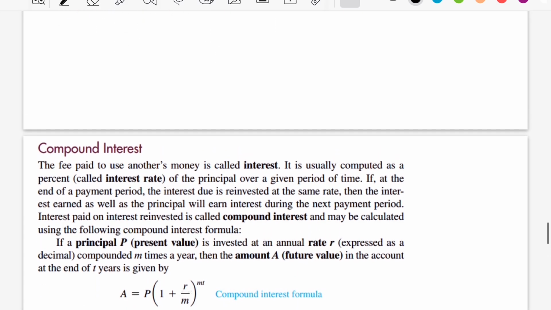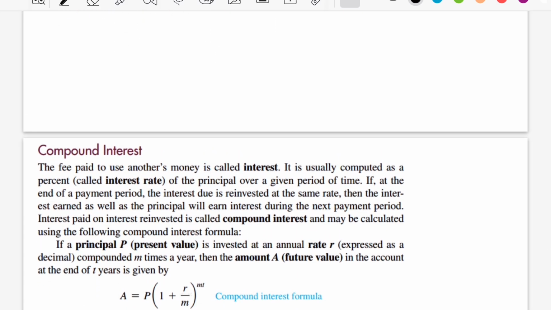Now what we're going to look at is compound interest. So the fee paid to use another's money is called interest, and it is usually computed as a percent, which is called the interest rate, and it's a percent of the principal over a given amount of time.